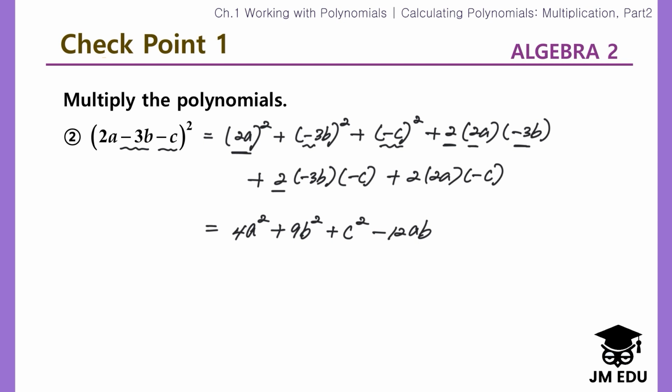Here, 2 times minus 3 times minus 1, 2 negatives, so positive, plus 2 times 3, 6bc. Here, 2 times minus 1, minus 2 times 2, 4ac.